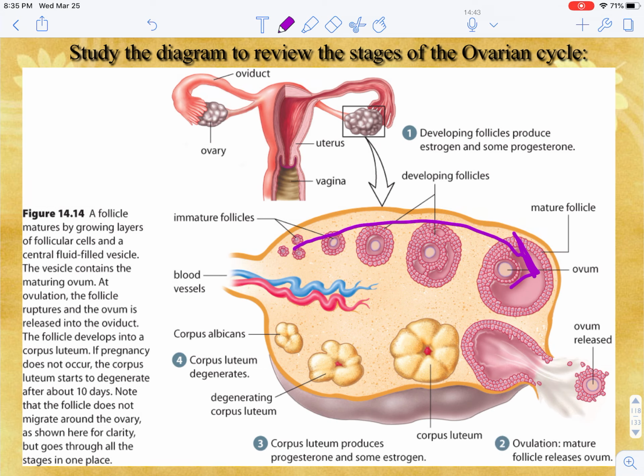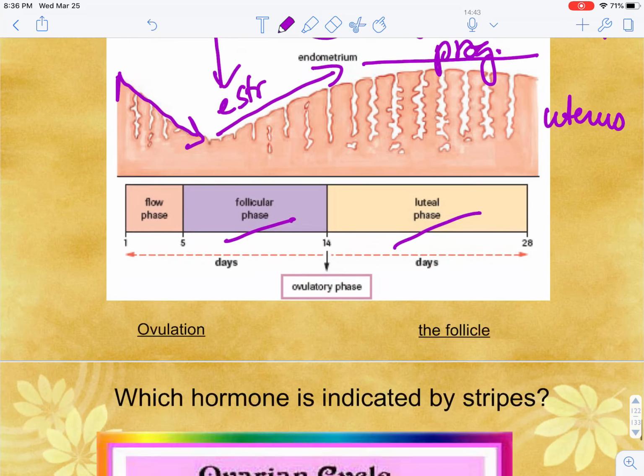Looking at the sequence of events, ovulation is always day 14, and our second half of the female cycle would be when the corpus luteum is left behind making progesterone. But if there is no pregnancy, it basically shrivels up to what we call corpus albicans, which means in Latin white scar, because there's not much left of it after the body realizes there was no ovulation. We don't need the progesterone to continue maintaining the lining, so all those hormones will crash and the menstrual phase will begin.